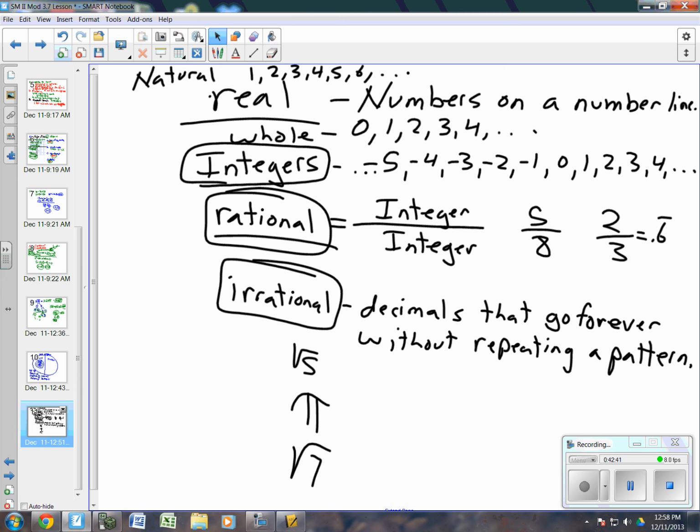Negative 5 divided by positive 2 is an integer divided by an integer. 1 is an integer, and it's also a rational number, but I don't want to worry about that. Write the most specific. So the one on the left is rational, and the one on the right is integer.